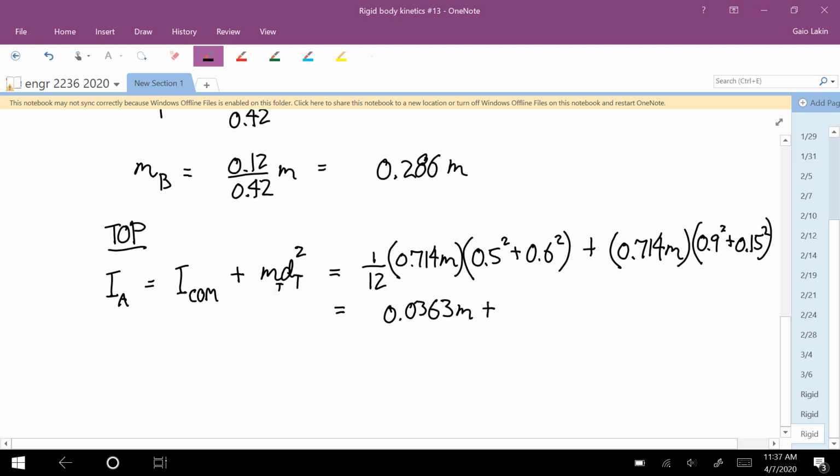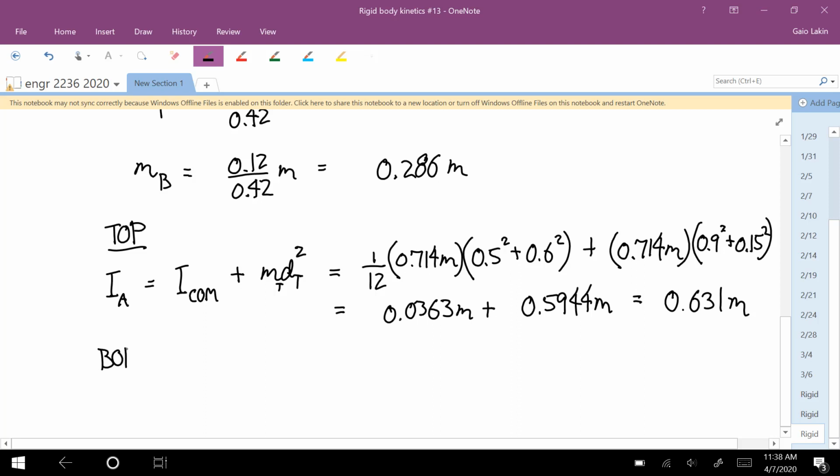The second piece is 0.594 m. So 0.631 m. Okay, that's the moment of inertia about the hinge for the top piece.